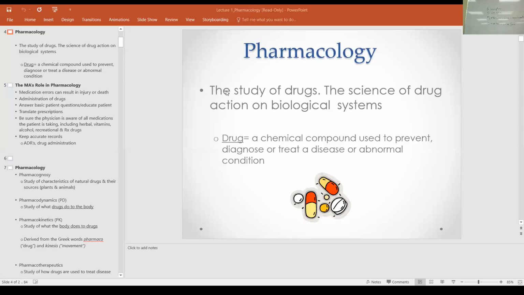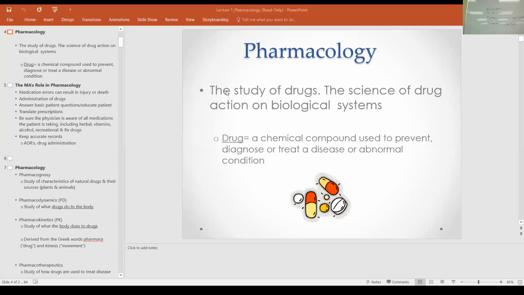So we have that group of possibilities, and then there's just outright physical dependence and withdrawal. You can tell the difference between physical dependence and psychological dependence when you take the drug away.